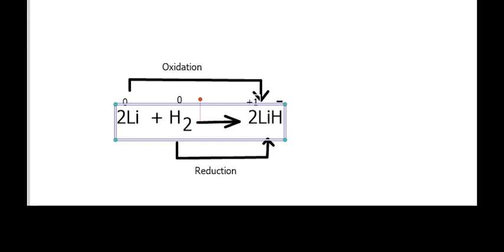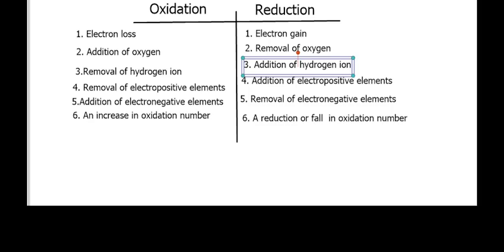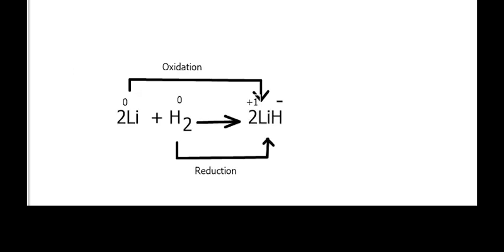Please don't mistake this as simply reduction being the addition of hydrogen in all cases. In this case, it was not hydrogen ion that was added to lithium on the product side, but hydride ion. Hydrogen ion is a positive ion, which is H plus.